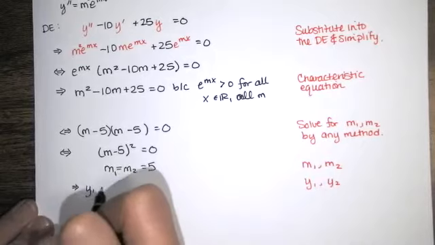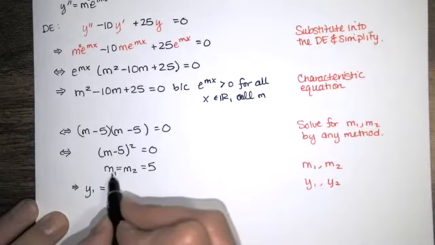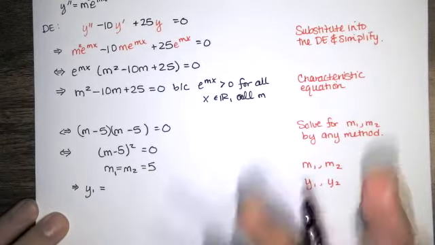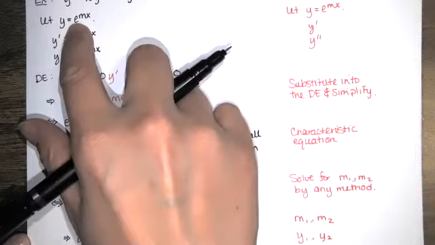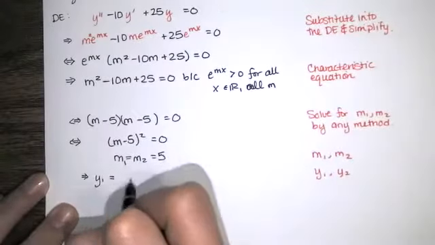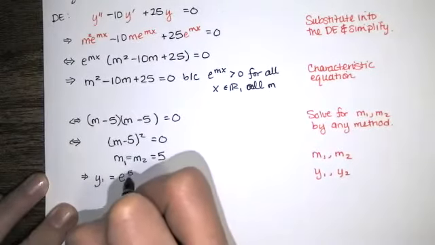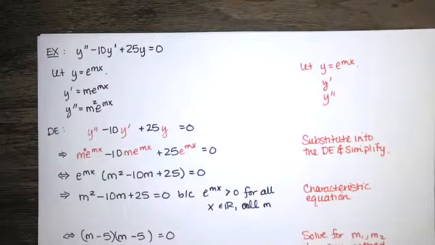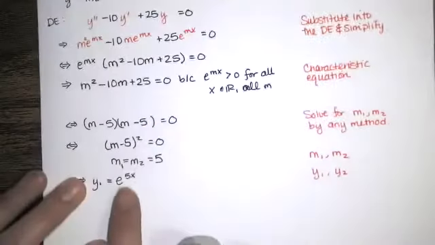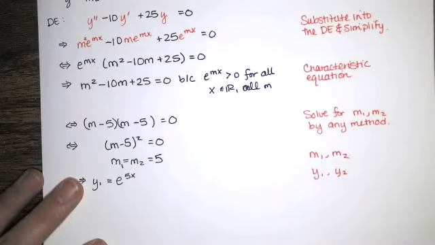Well, the first solution, if m1 equals 5, satisfies this equation, is y1 equals e to the m1x. So that's y1 equals e to the 5x. We take the first and second derivative of this, and we substitute into the equation, we'll get 0. The first derivative of e to the 5x is 5 times e to the 5x.